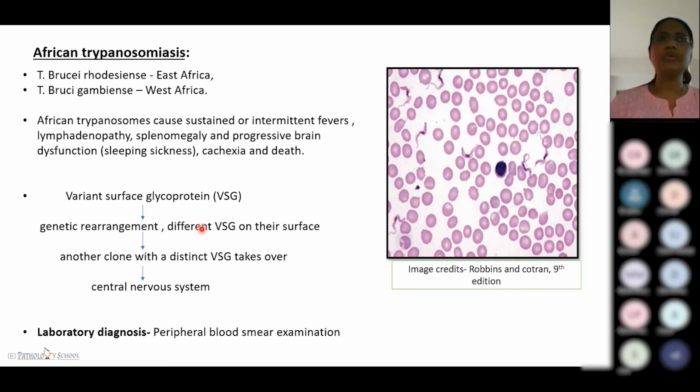Some trypomastigotes will escape that immune response again, and another new clone will be formed, so the cycle continues. So there is intermittent fever, and finally they invade the central nervous system. Lab diagnosis is done by peripheral blood smear examination. Here in this blood smear we can see the slender bloodstream parasites of African trypanosomiasis.